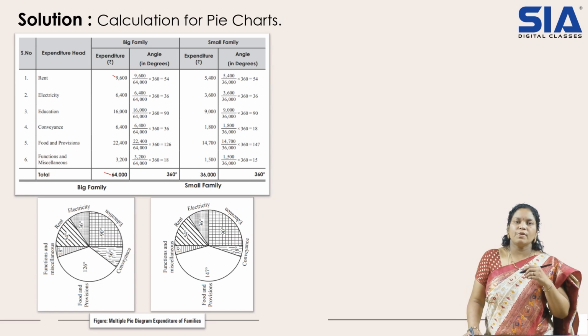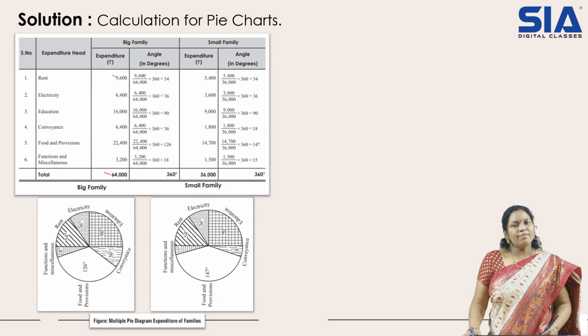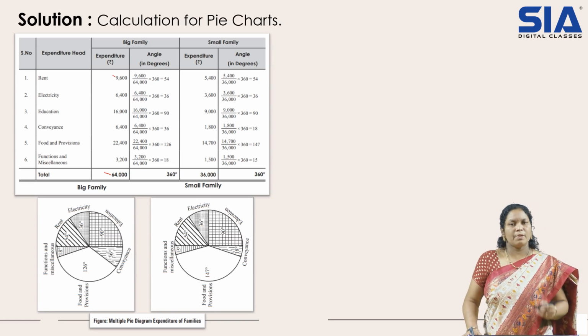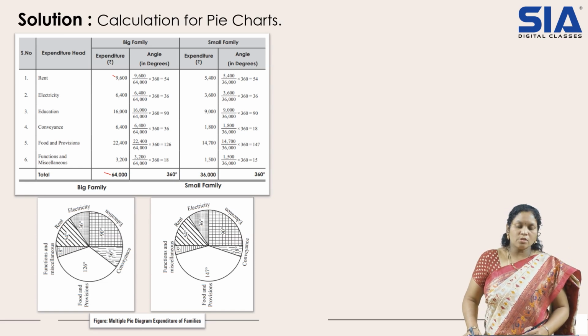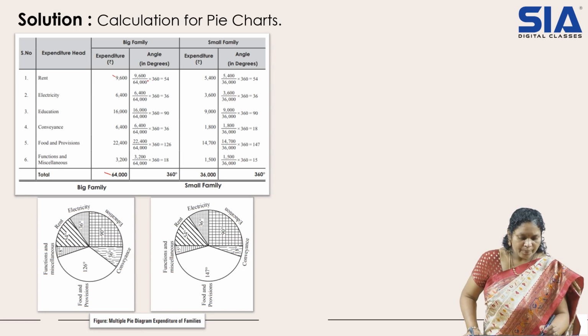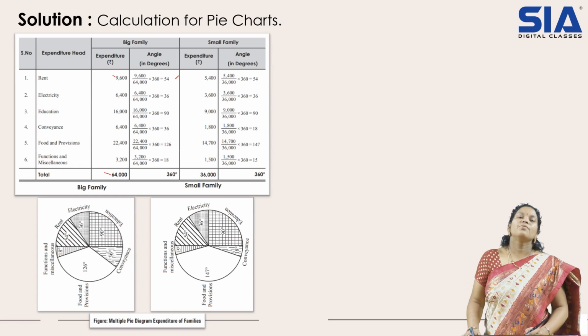For percentage we multiply by 100; here for converting into degrees you multiply by 360. Do that and you get 54, that is 54 degrees.